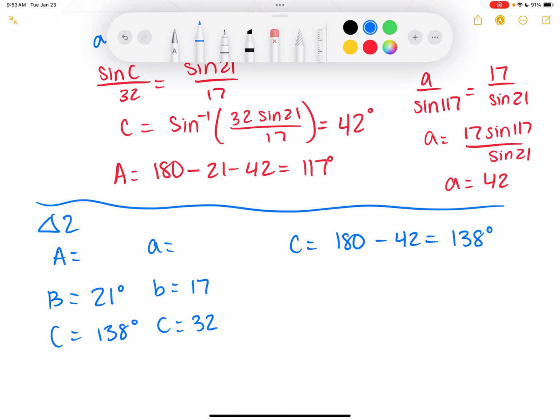Triangle 2 is a lot easier to solve because that was how we found angle C. Then to do angle A, it's 180 minus 21 minus 138.